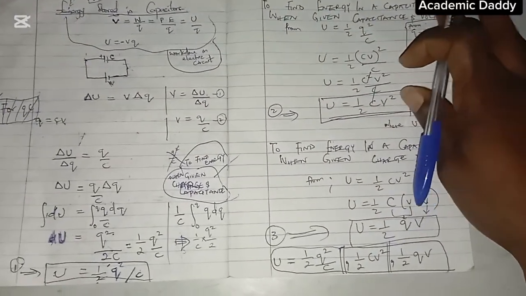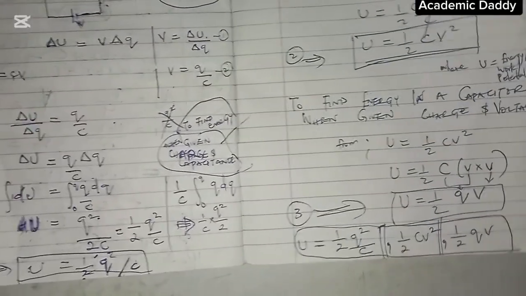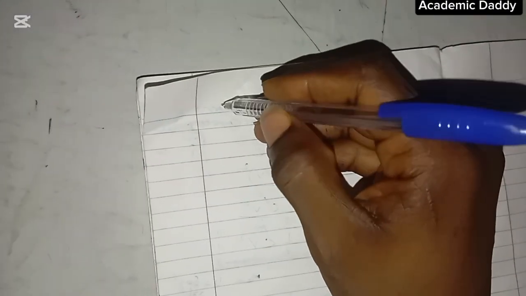But there are special cases, like when I'm talking about maybe electric field or energy stored in space, or I'm considering, let's say, parallel plates. So I can now relate this.